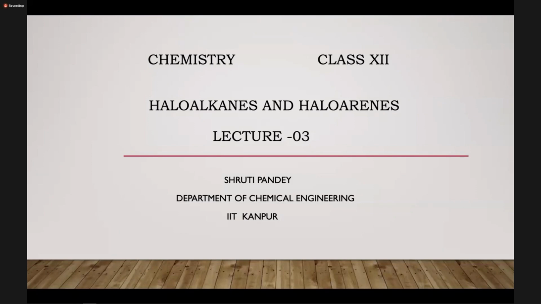Then we talked about the methods of preparation of haloalkanes, starting with the first method, using alcohols. It had three subcategories: using halogen acids, using phosphorus halides, and using thionyl chloride.